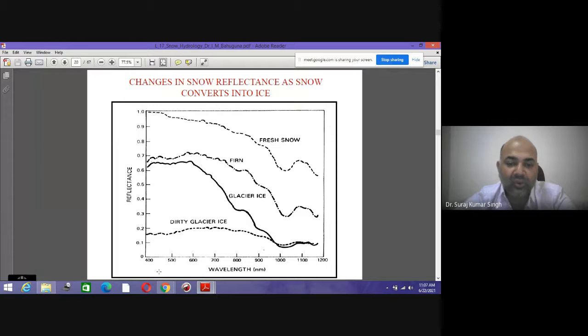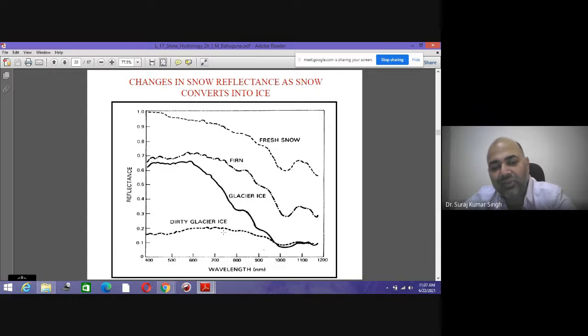If you go for the firn, that is equally high, more than the glacier ice. And finally the highest reflectance is for the fresh snow, in blue, green, red, near infrared band.